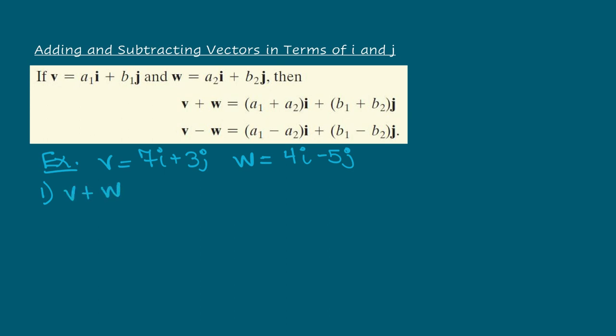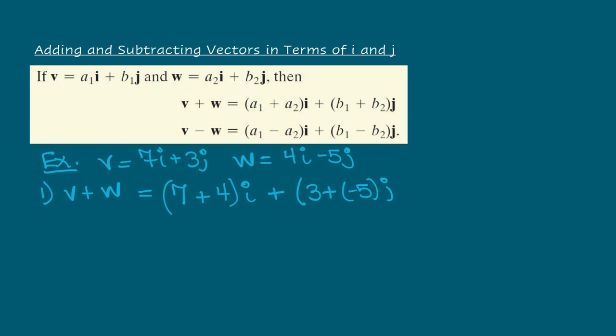If I am going to add them, that means I'm going to add the a parts and I'm going to add the b parts. So that means I am going to take 7 plus 4 and put them together, and I am going to take 3 plus -5 and put those together.